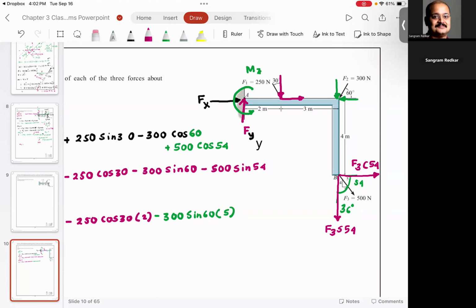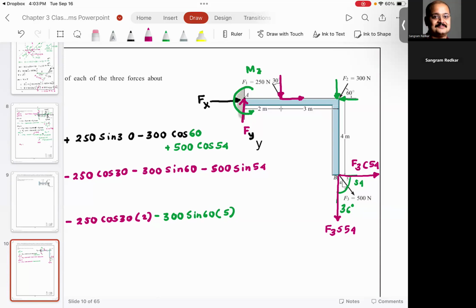The horizontal component of F3 is at a lever arm. What is the lever arm of the horizontal component? Horizontal component, what is the distance? Can you see this horizontal component? The perpendicular distance is 4.